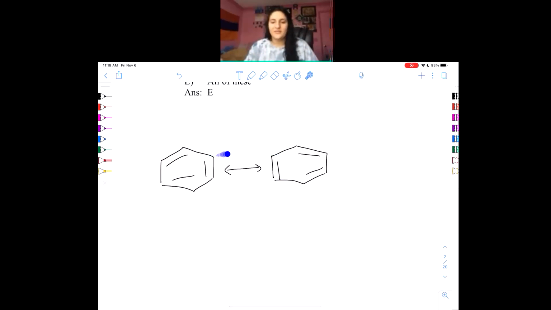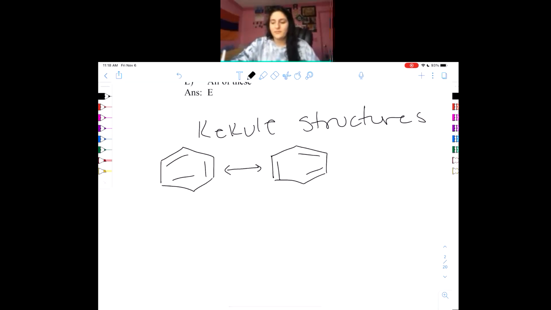What do we call these two structures, compared to one another? Yes, someone said they are, I don't remember how to pronounce this, to be honest, I think it's Kekulé structures. But these are resonance structures.